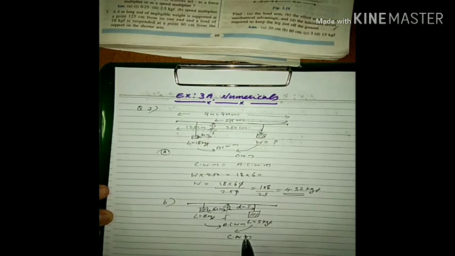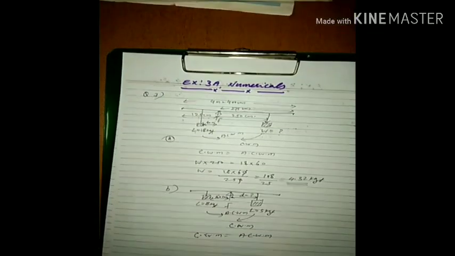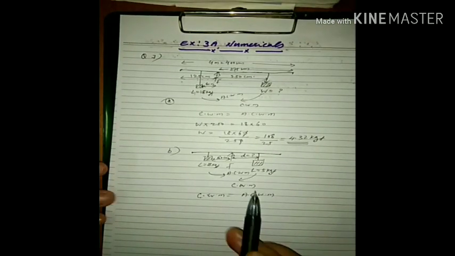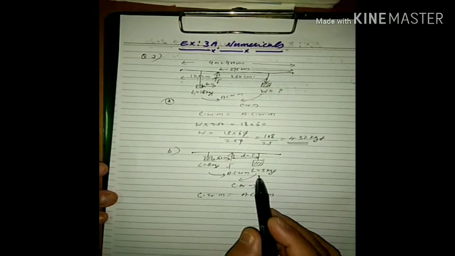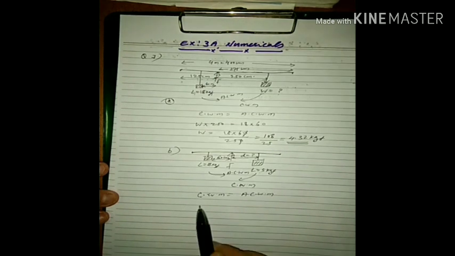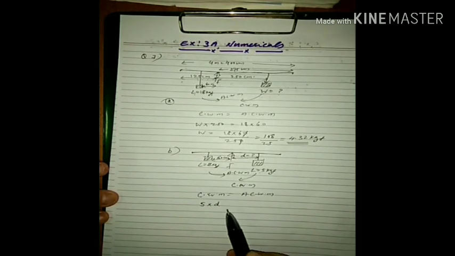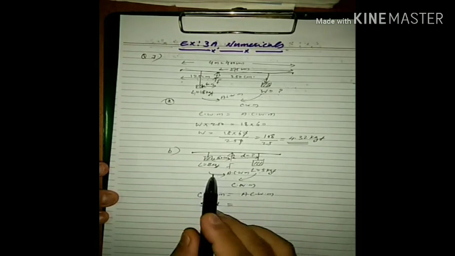So when the lever is in equilibrium, clockwise moment is equal to anti-clockwise moment. So what is clockwise moment? Clockwise moment is equal to force into distance. Force 5 into, what is the distance? We don't know distance. Let it be D is equal to clockwise moment.